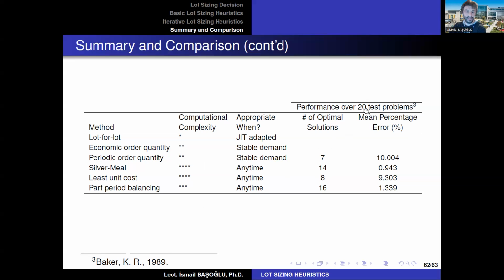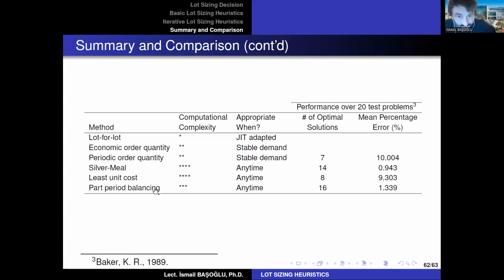So out of these 20, for 7 of them, the periodic order quantity approach resulted in the exact solution that you would get from the integer programming model. Remember, last week we covered the optimal lot sizing problem. The optimal lot sizing procedures will always yield you the optimal solution. But out of these 20 test problems, in 7 of them the periodic order quantity heuristic also yielded optimal solutions. That value increases to 14 and 16 for the silver meal and part period balancing heuristics.